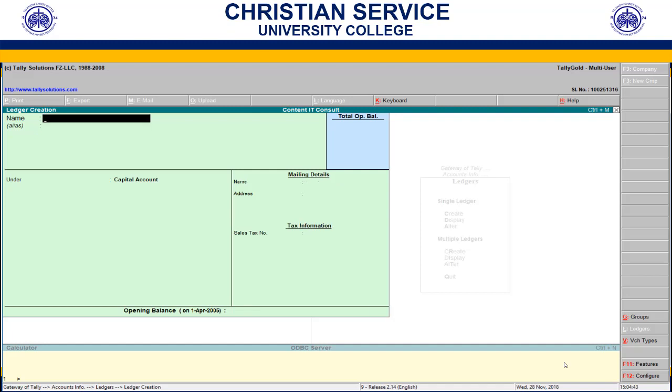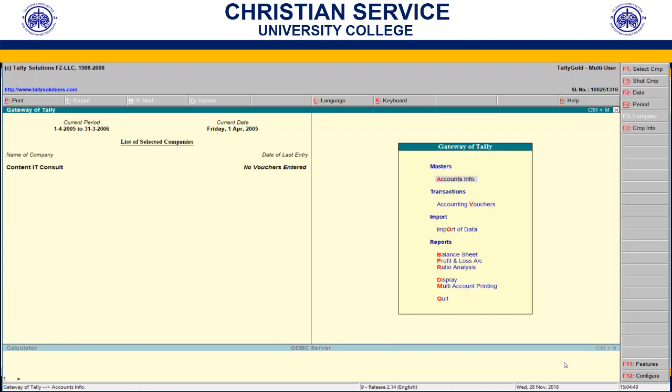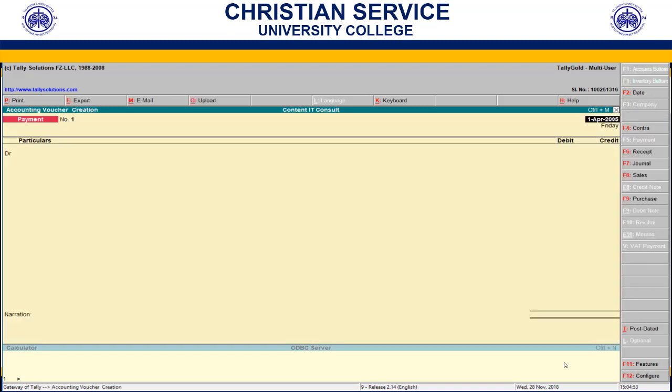We would have created the cash ledger, but as I said before, because there is a predefined ledger known as cash, we straightaway go to the vouchers and try to enter this transaction. A voucher is the source document that you will use to enter ledgers on the transactions that have been done.